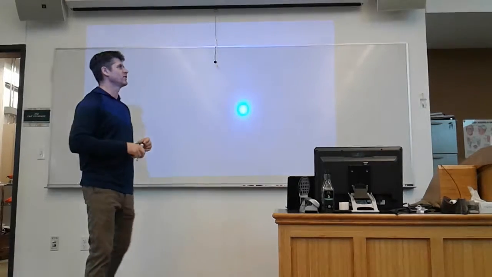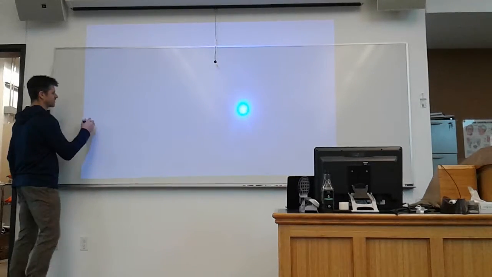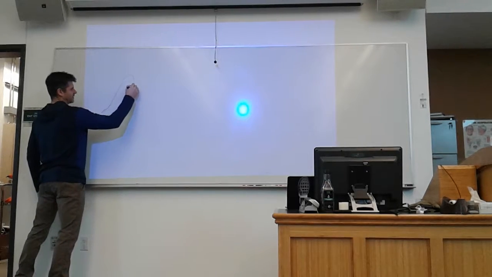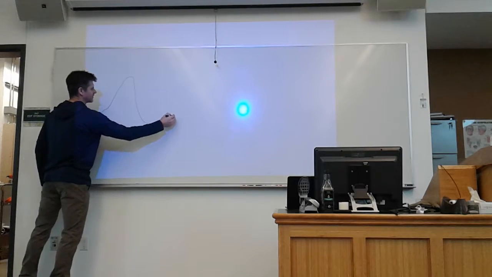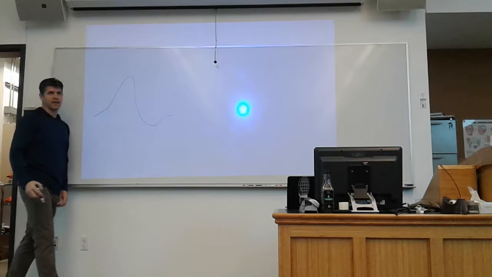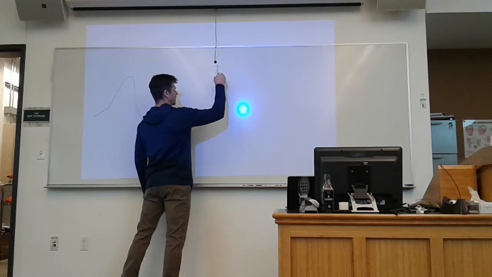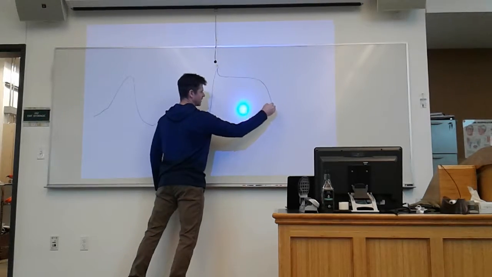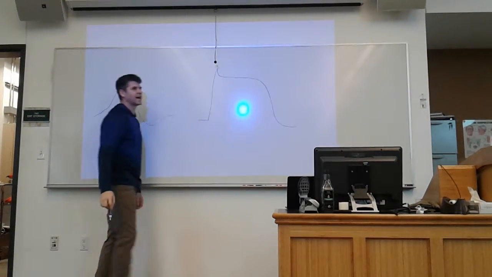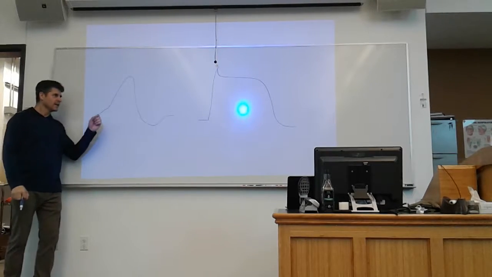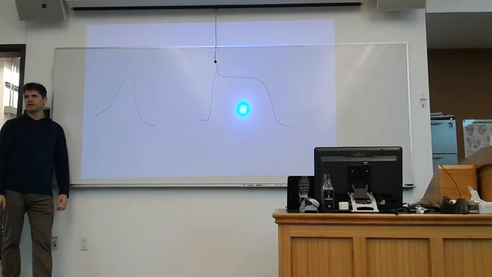So every single autorhythmic cell has an individual tracing of what's happening at the cell membrane, right? And every single contractile cell has a tracing of what's happening to that cell at the cell membrane, right? This is what an EKG is measuring.